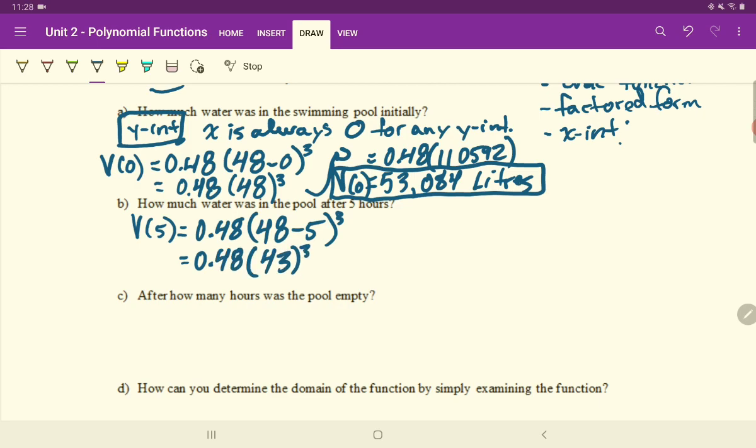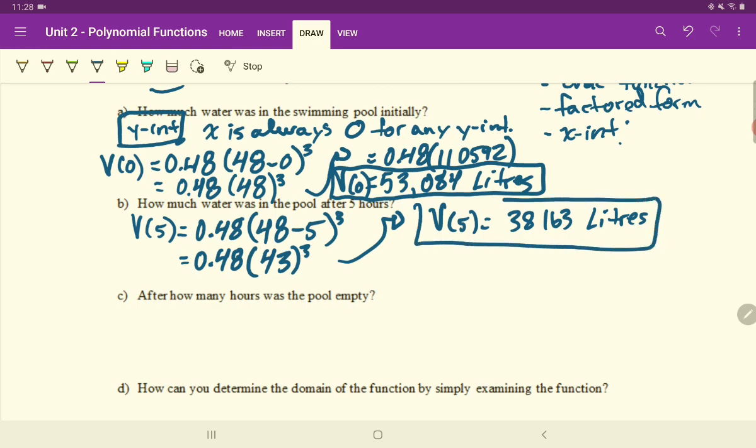So we end up with 43 cubed there. And work out that math, do your exponents first, and your final answer there for v at 5 is equal to 38,163 liters of water. Okay, so that's after 5 hours of draining this pool. That's how many liters you'd have.